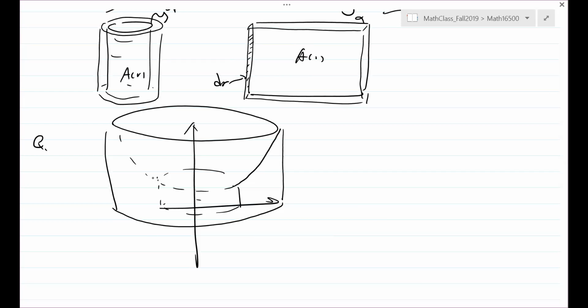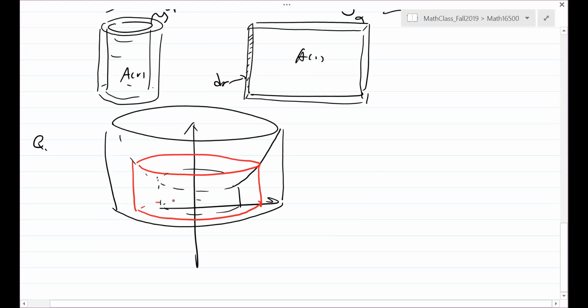Now this time, I'm not going to cut this one. I'm going to design a circular knife to cut it. Let me use a different color. This is what I cut.